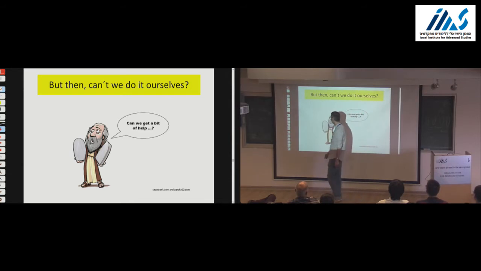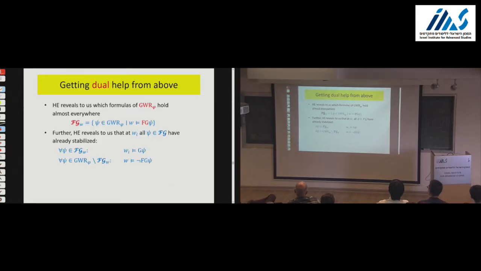And then God shows mercy again and says, well, okay, I appreciate the effort. You haven't done your homework completely, but you're not doing that badly. Let me help you a little bit. There is no reason why we shouldn't get dual help from God. God was helping us with which formulas hold infinitely often. So now God can tell us which formulas hold almost everywhere.